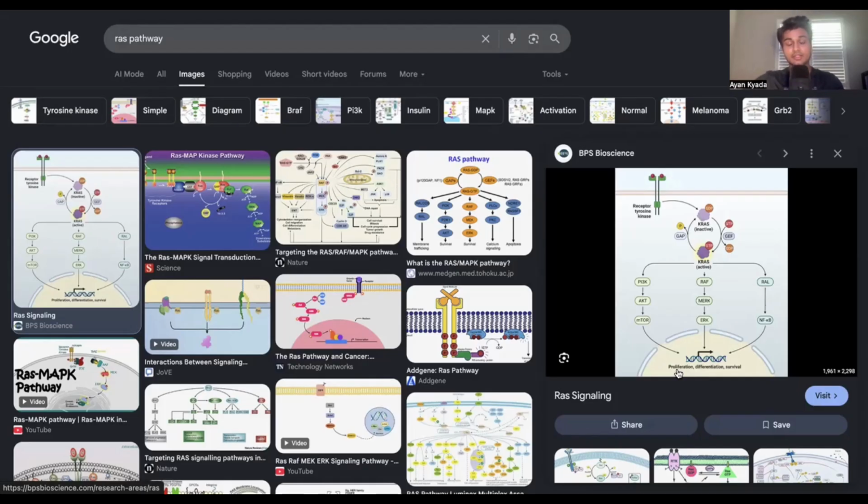But what cancer does is it permanently activates the RAS protein, which permanently gives the cell the go ahead, the green light, the signal to proliferate and divide. So it removes basically all of this regulatory control and just tells the cell, your job is to divide and grow. The cell is getting continuous growth signals.